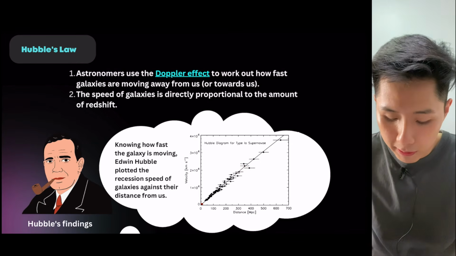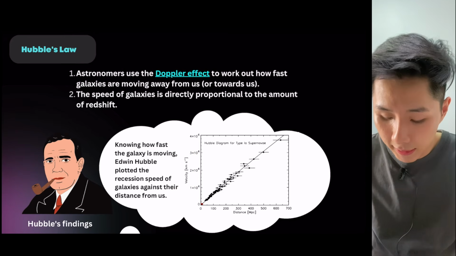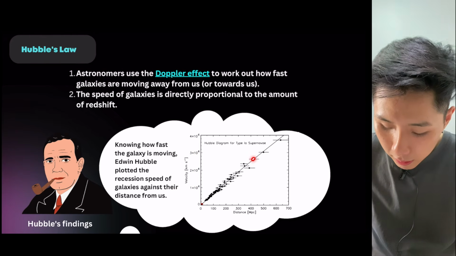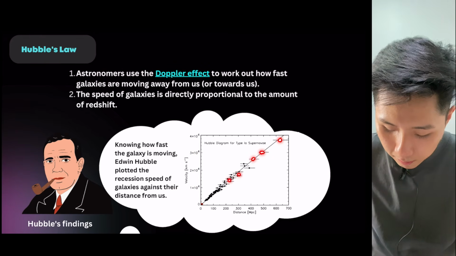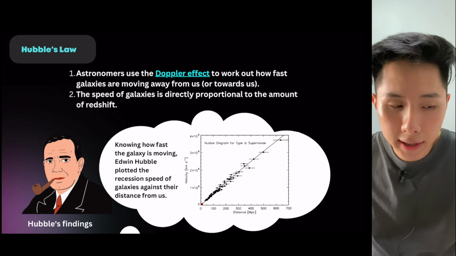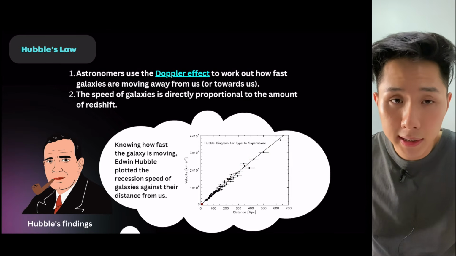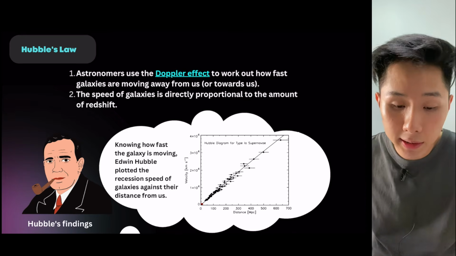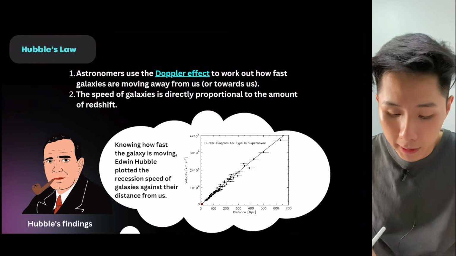They measured the speed using the redshifting effect as an indicator. He plotted all these planets together, and he found a linear relationship. This shows that the further away a planet or a galaxy is from us, the faster it is moving away from us.